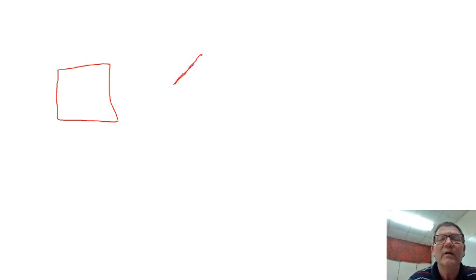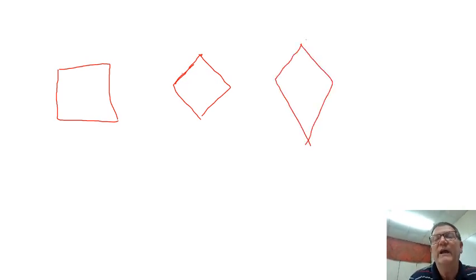Let's take a look at a couple of things with them. I'm going to try my best to draw it by hand. Here is a square. Here is a rhombus. A kite looks something like that.